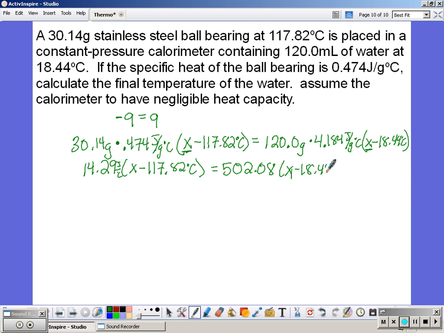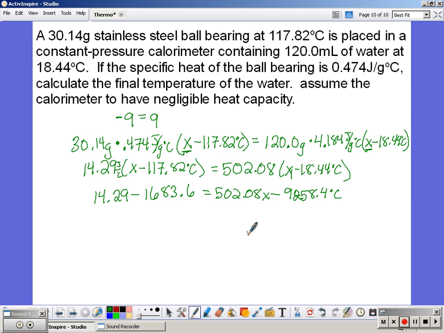So 14.29 minus 502.08. Combine like terms.